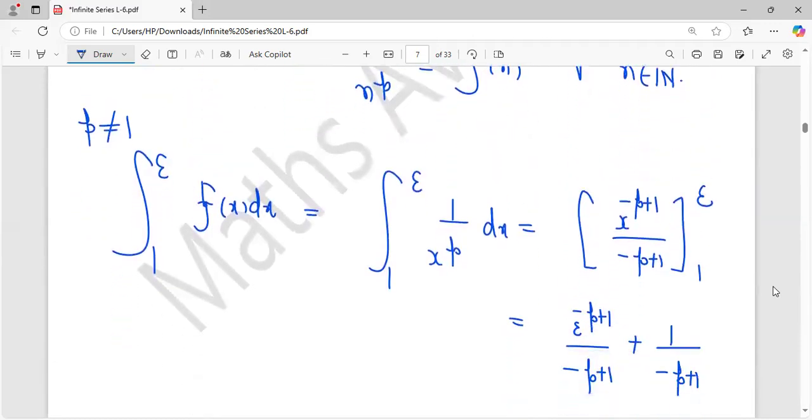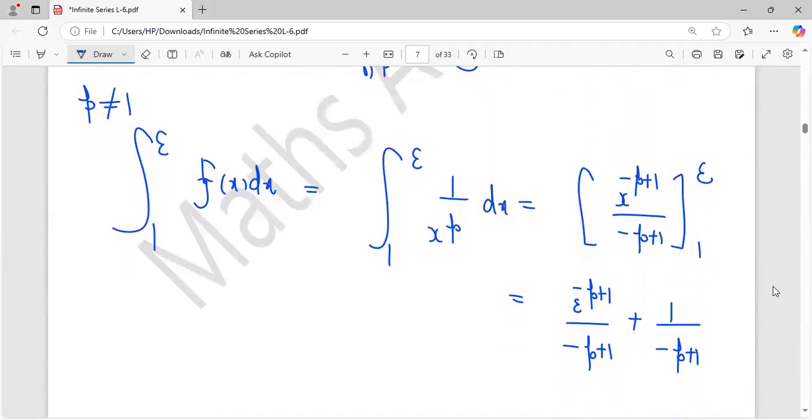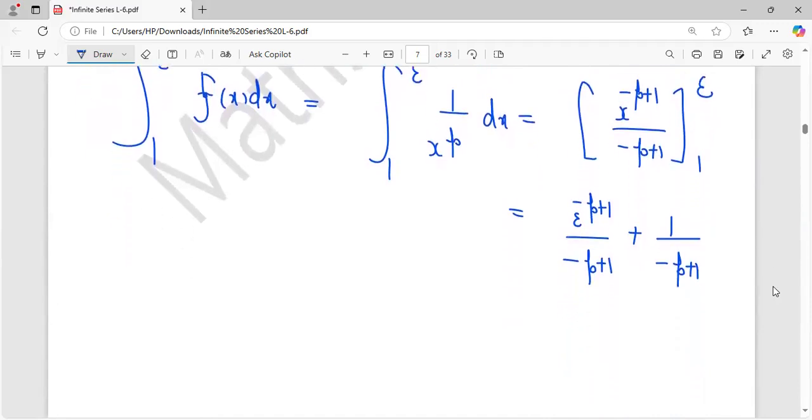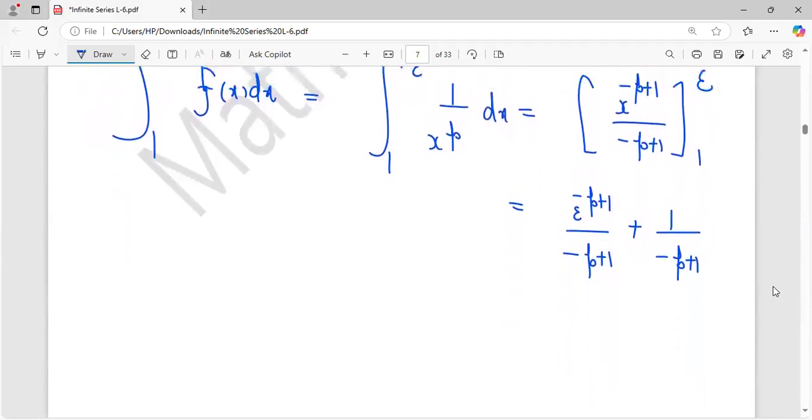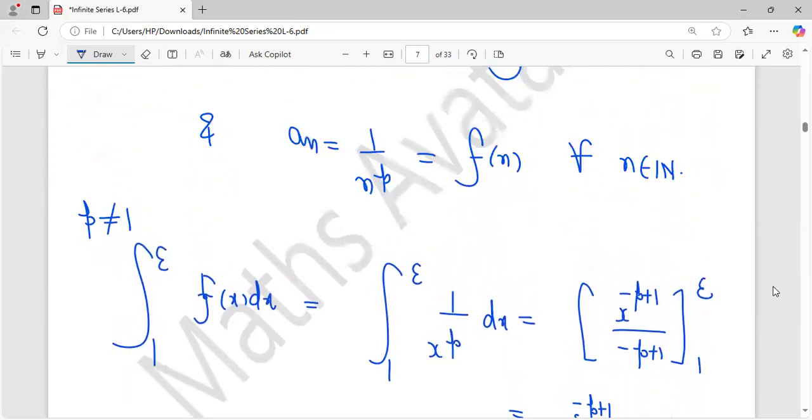So this is equal to this, and p is not equal to 1, and p is in this range. Then we have this one.